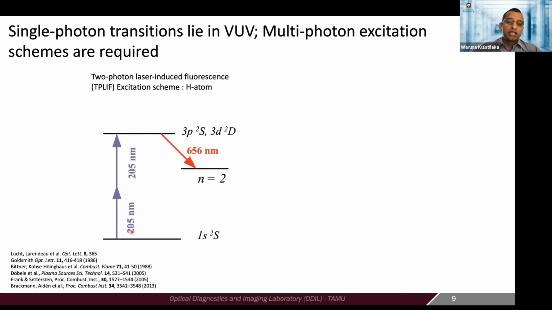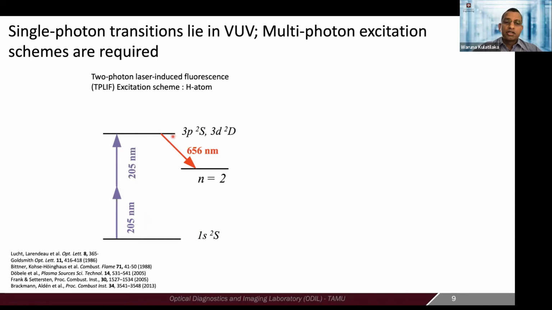What that means is we make the photon energy half, and when you make the energy half, the wavelength becomes double, by a simple relationship of electromagnetics. So now instead of a VUV laser, you use a UV laser. It becomes a two-step excitation, which we call two-photon excitation. In this case, for the hydrogen atom, the excitation wavelength is 205 nanometers. So we can use two photons to go through this non-resonant intermediate step.